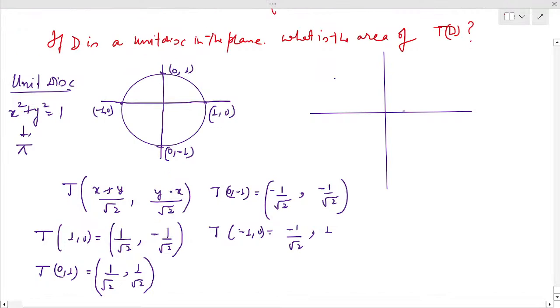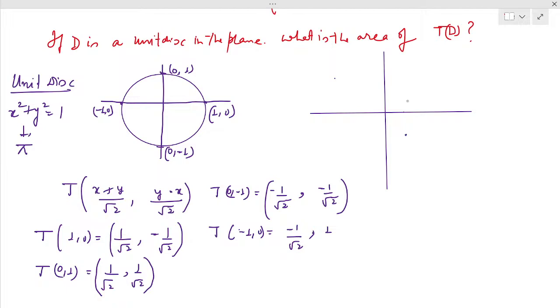Okay, it is around 0.707. So if I write 1/root 2, minus 1/root 2, it would be somewhere here. So this is 1/root 2, minus 1/root 2. Okay, this is not even that.